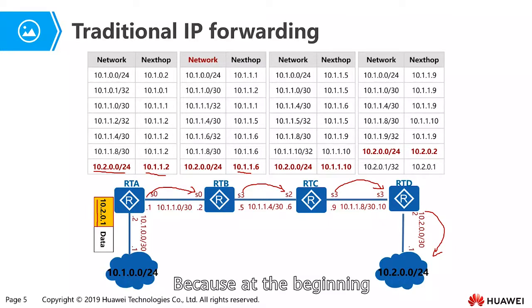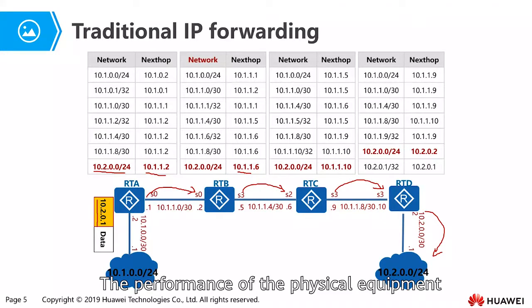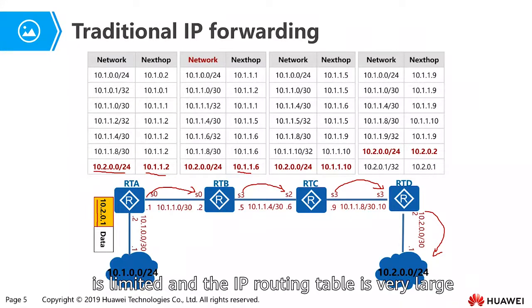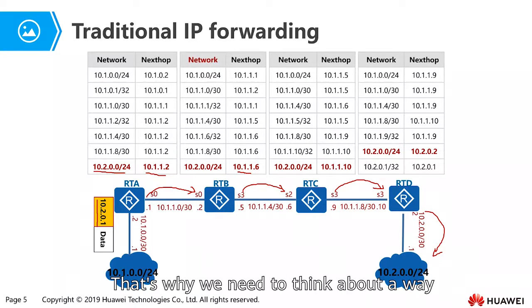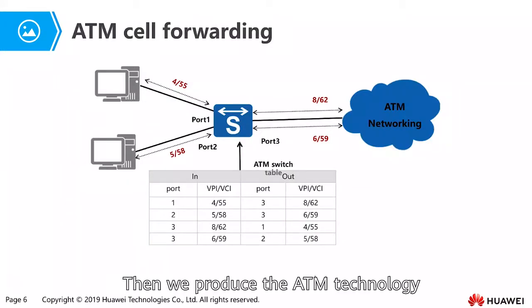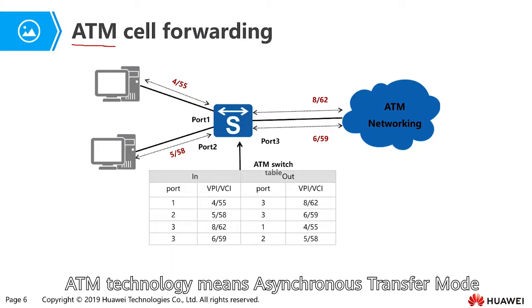At the beginning, the performance of the physical equipment was limited, and the IP routing table was very large. If the IP routing table is too large, it reduces the processing speed of the physical equipment. That's why we needed a way to speed up forwarding. Then the ATM technology was produced. ATM means Asynchronous Transfer Mode.